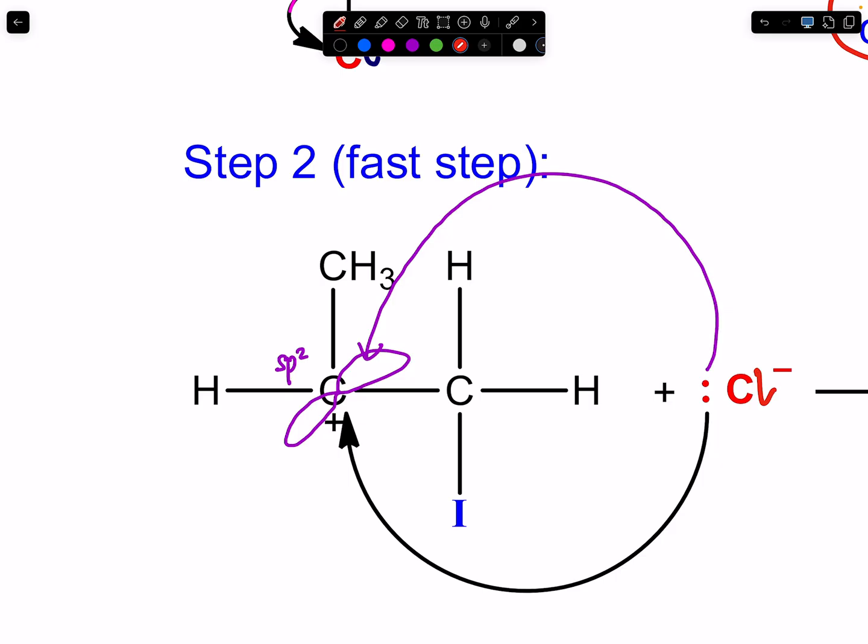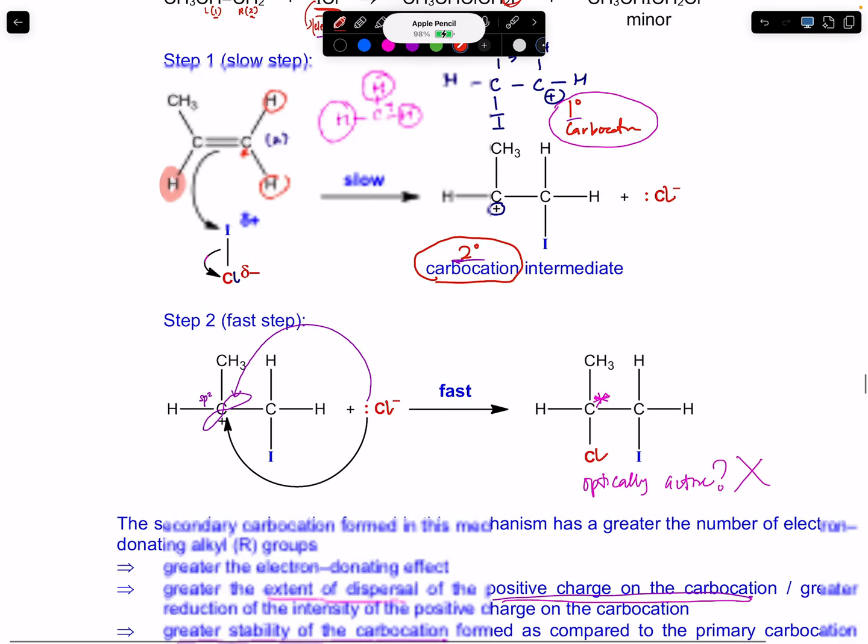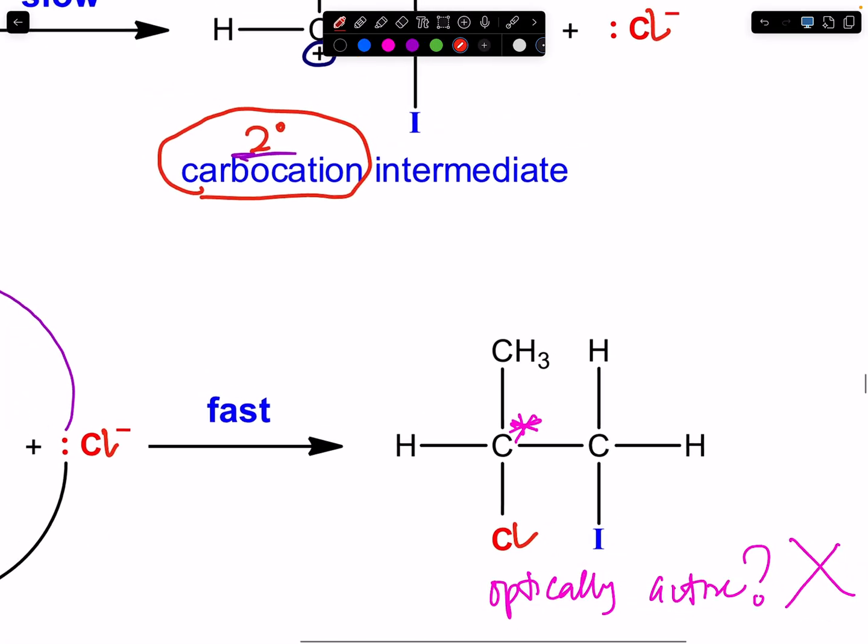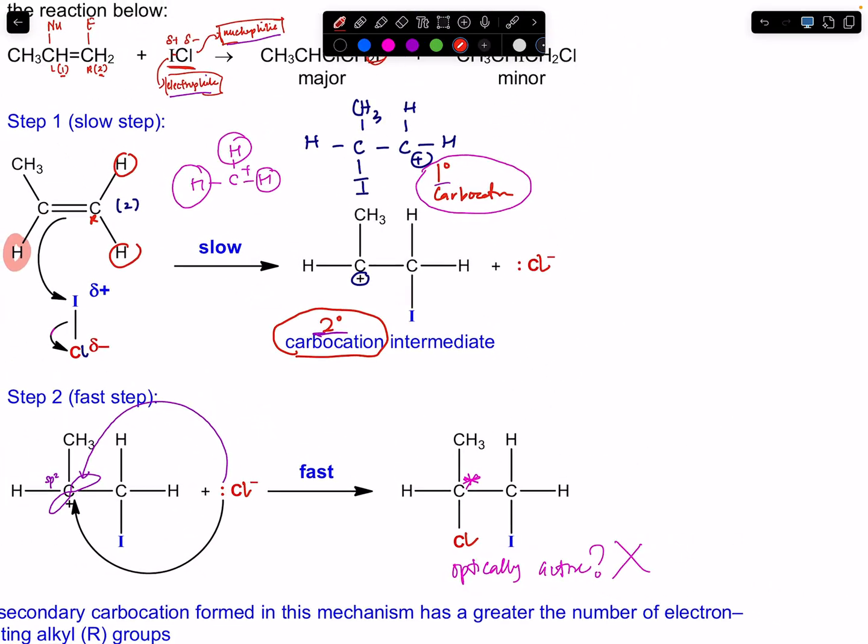If it's donated from the bottom, you're going to produce the other enantiomer. Understand? Clear on this? So therefore, because there's an equal probability of producing either enantiomer, that means that you're going to get a racemic mixture. And hence, even though you have a chiral center, you are optically inactive.